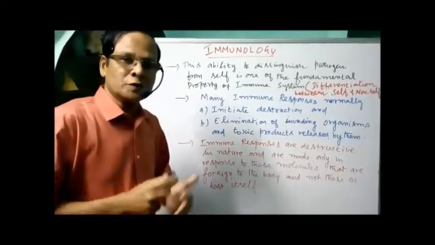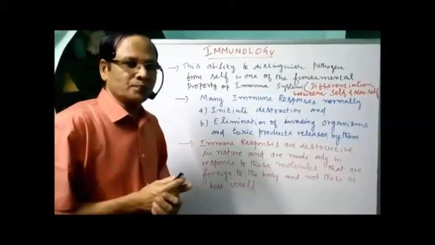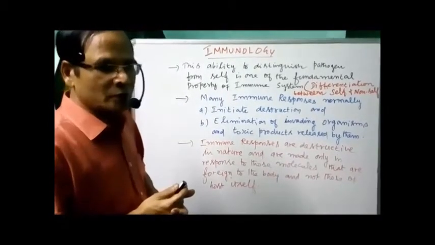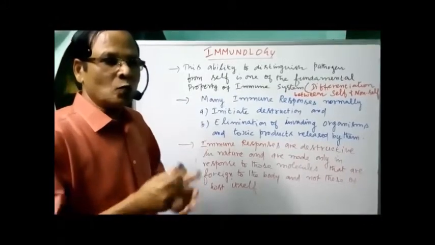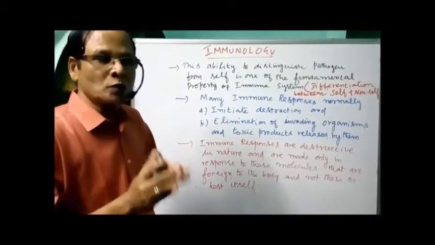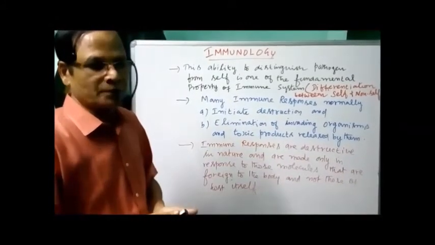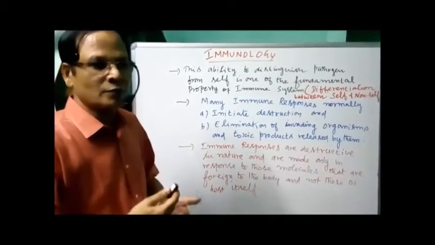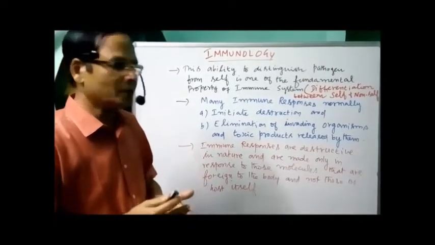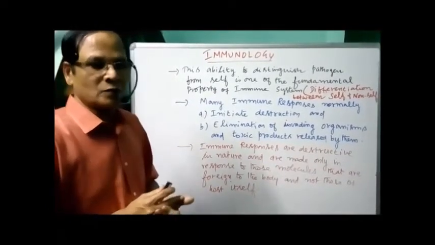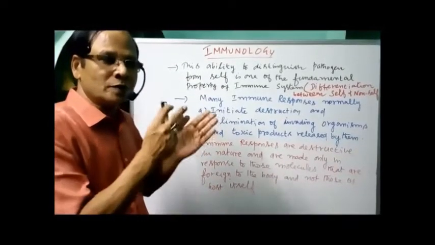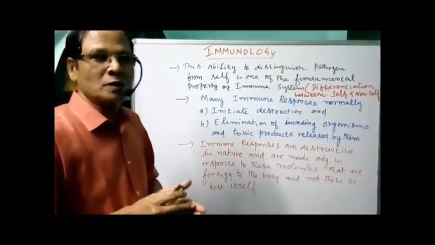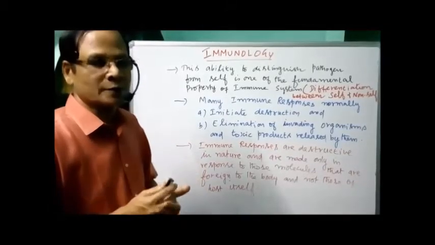Normally all immune responses are destructive in nature, but these responses or reactions are made only in response to those molecules which are foreign to the body. They are not acting against the self molecules generally, mostly. They are always affecting only the foreign molecules. The immune responses are generated only when there is an entry of a foreign substance.